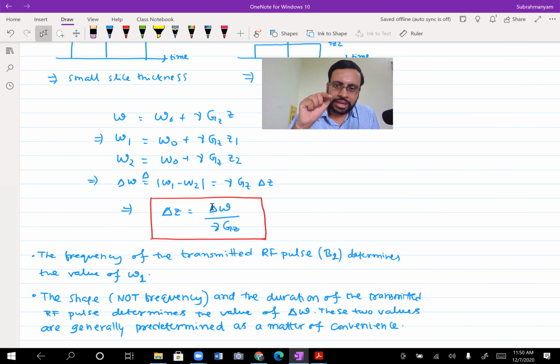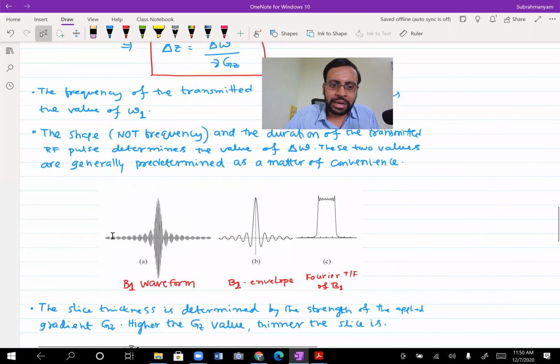Now, for figuring out the omega value, that depends on the B1 frequency of your signal, which dictates from which value of Z you would get the response. Another thing is the width of that. That width is defined by the shape or envelope of this waveform. Is that clear so far for bandwidth?